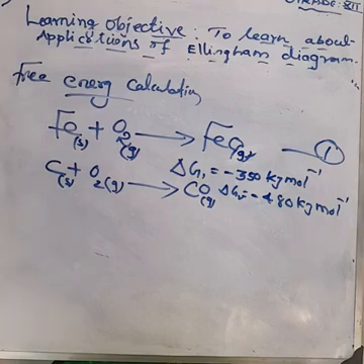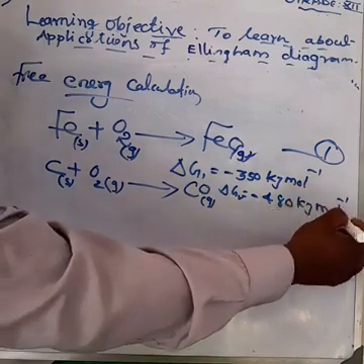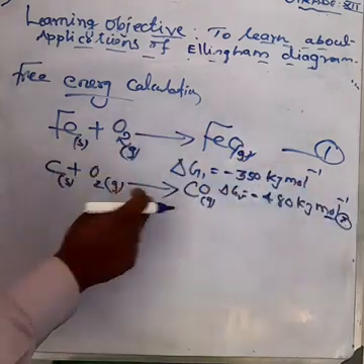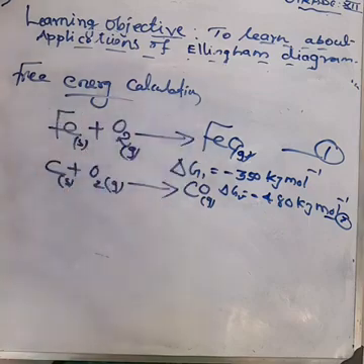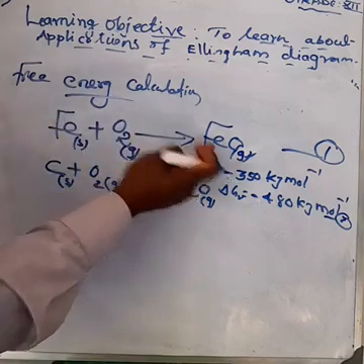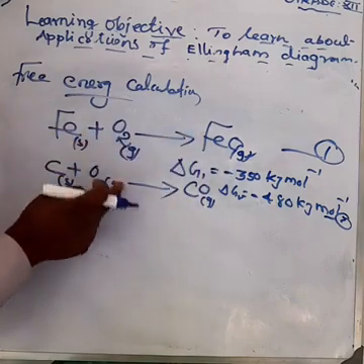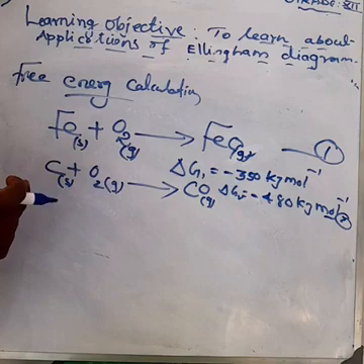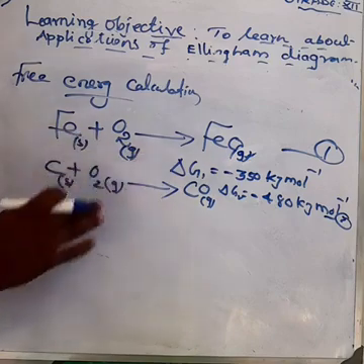In these two equations, the metal reacts with oxygen and we get the metal oxide. But we need the conversion of metal oxide to metal. The first two equations give the delta G value for metal reacting with oxygen. That's the theoretical value.